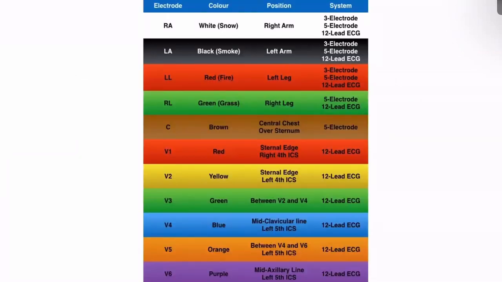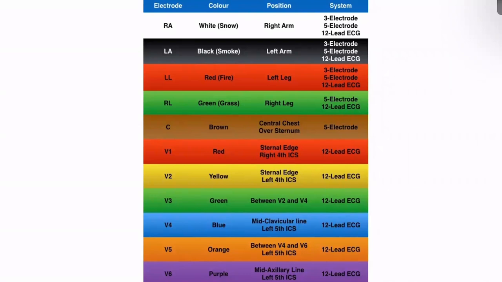And another thing is the twelve-lead ECG and its placement. For the 12-lead ECG, I must first tell you about it. What is the 12-lead ECG?